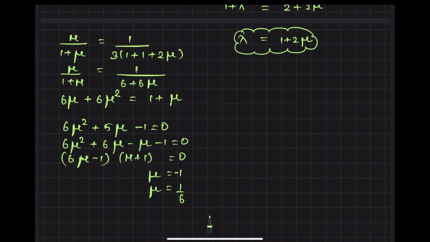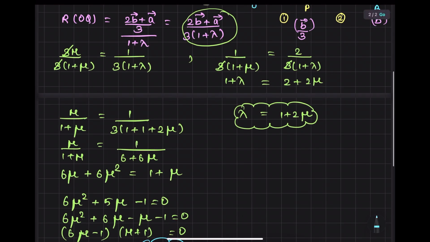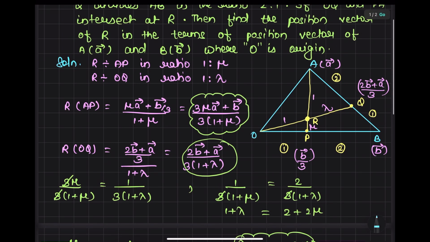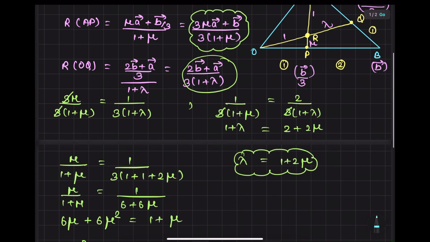Now you know that, look at this. We got mu; suppose that mu is 1 by 6. If mu is 1 by 6, you can update your equation.